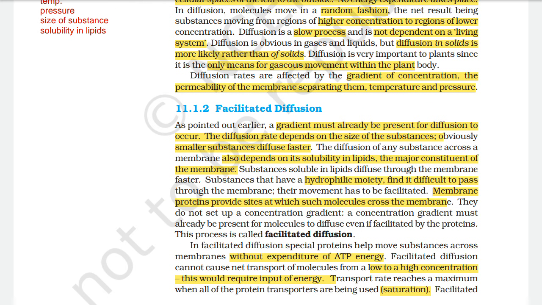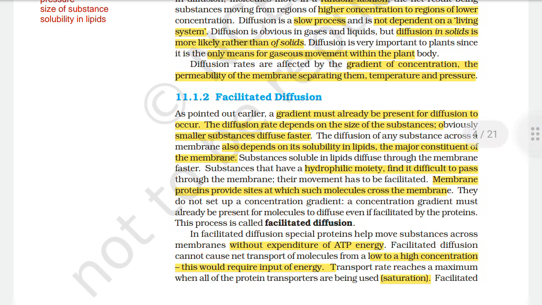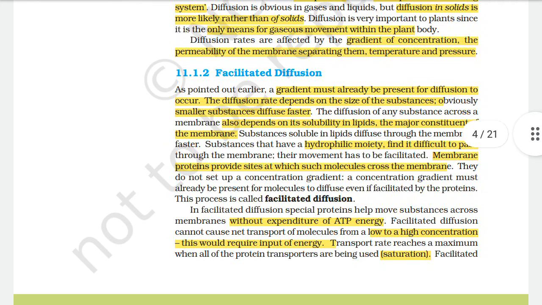Diffusion will occur here. So diffusion in solids occurs, but diffusion of solids is just negligible. It doesn't occur, it is a very slow process. So diffusion in solids is more likely than of solids, and it is the only gaseous movement within the plant body. Of course, diffusion is the only gaseous movement.